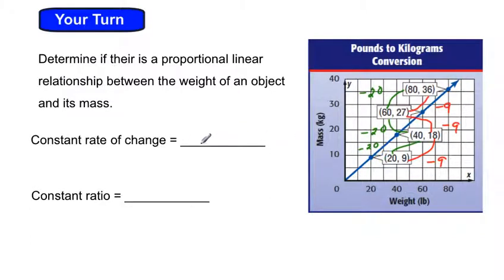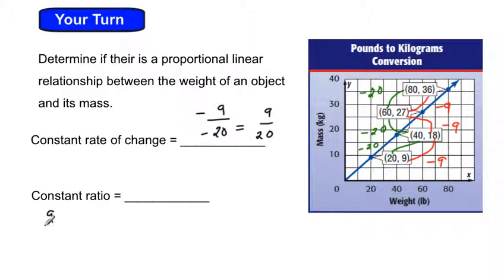So our constant rate of change would be represented as negative 9 for the y variables over negative 20, which simplifies to just positive 9/20. That would be our constant rate of change. To find the constant ratio, we're going to divide each of the terms, the y variable by the x variable.